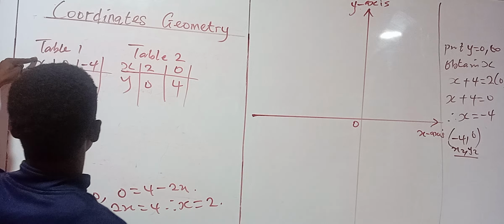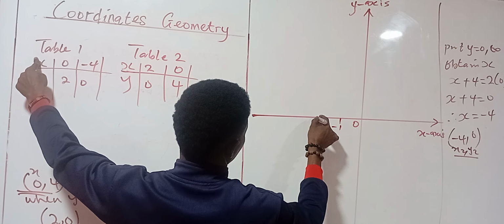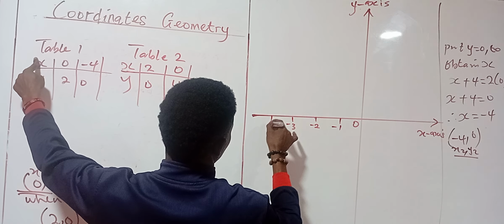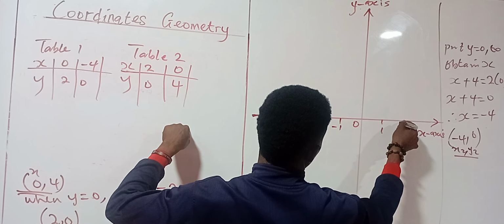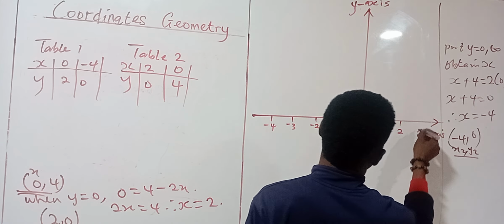So for table 1, let's say we have minus 1, minus 2, minus 3, and minus 4. Then here is going to be 1, 2, and 3.